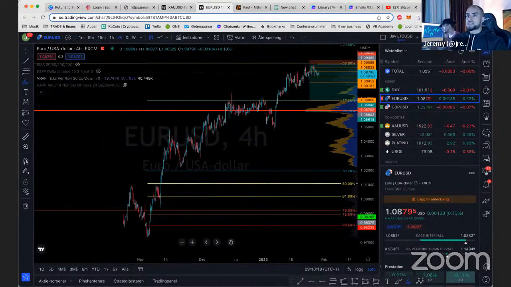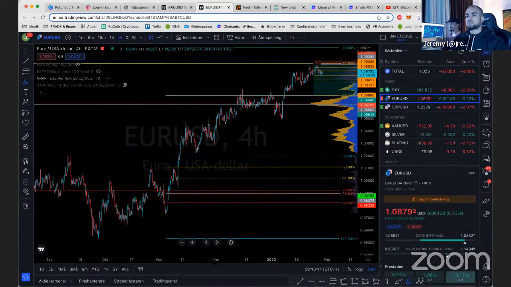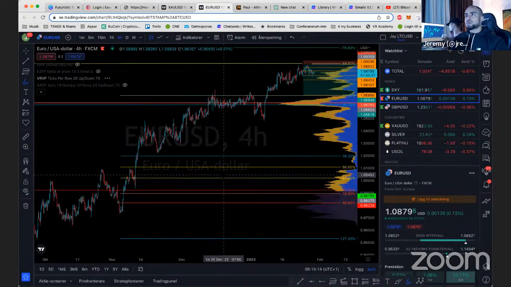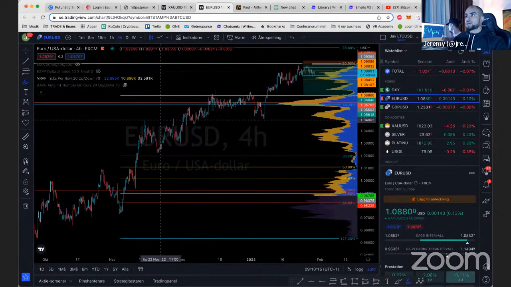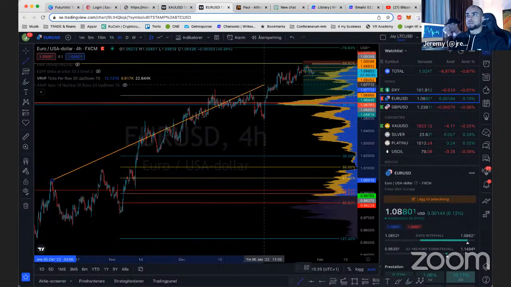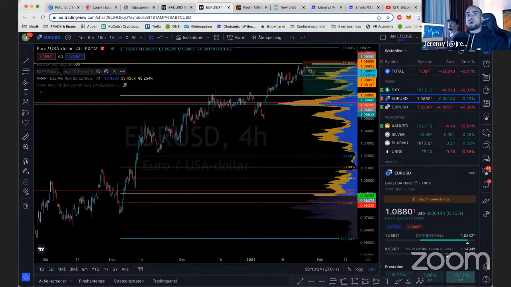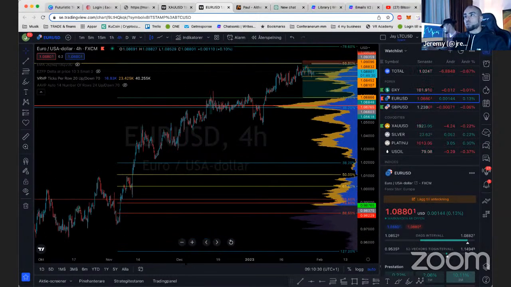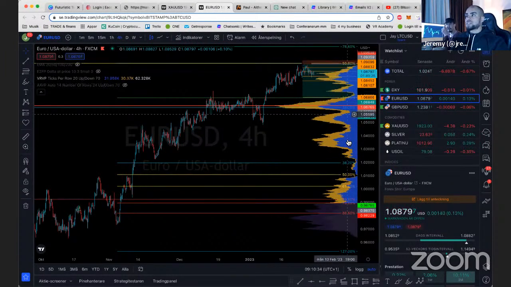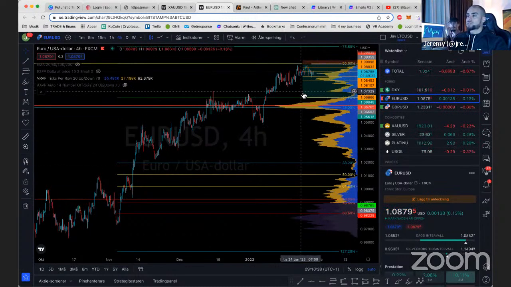And looking at this last, I don't want to say bull run, but yeah, this last uptrend that we had, we quickly can see that most of the liquidity actually is up here, because this is the volume profile, by the way, and the volume profile shows you where you got the most liquidity.